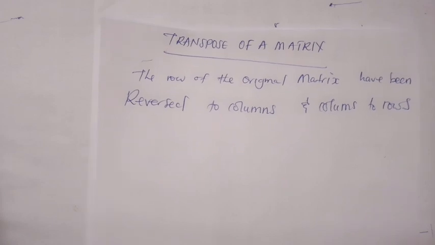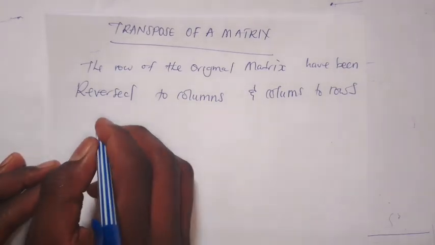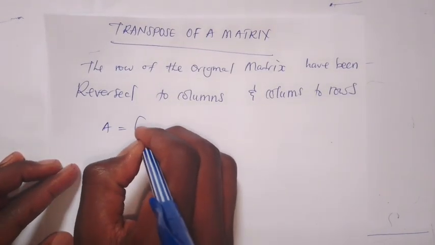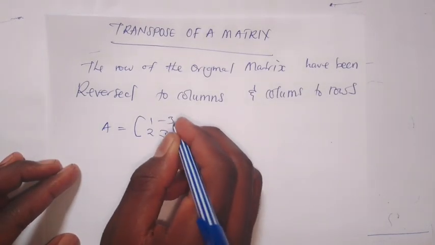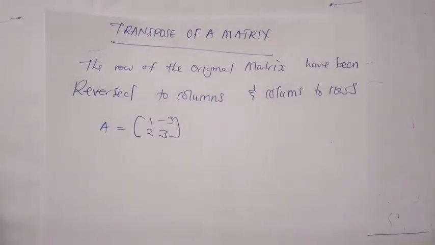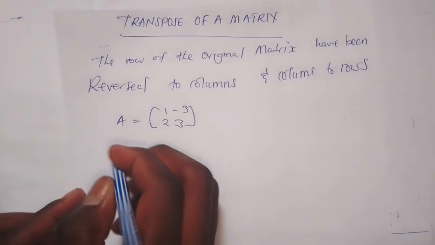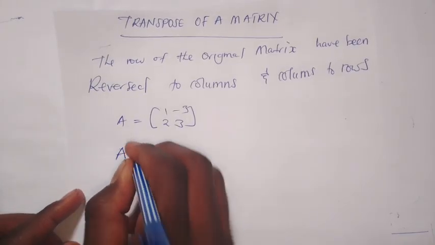So how do we do it? Okay, let's say for example we have matrix A. Matrix A is equal to 1, -3, 2, 3. Then they tell you to find the transpose of A. So the transpose of A is written like this: A with a T on top.